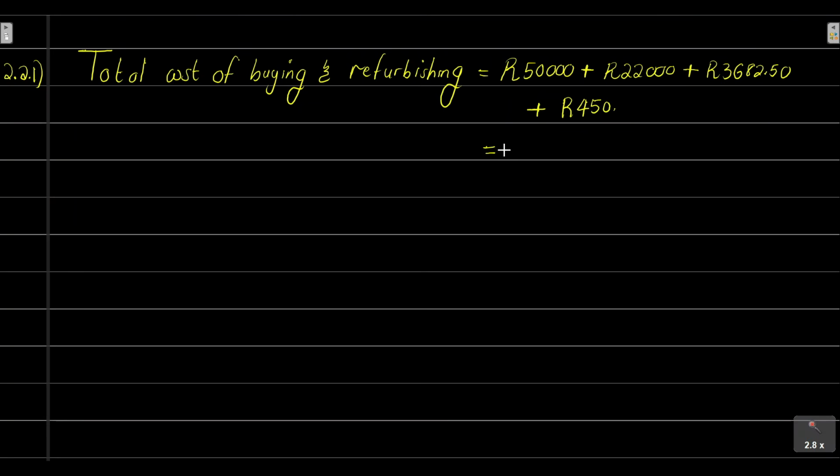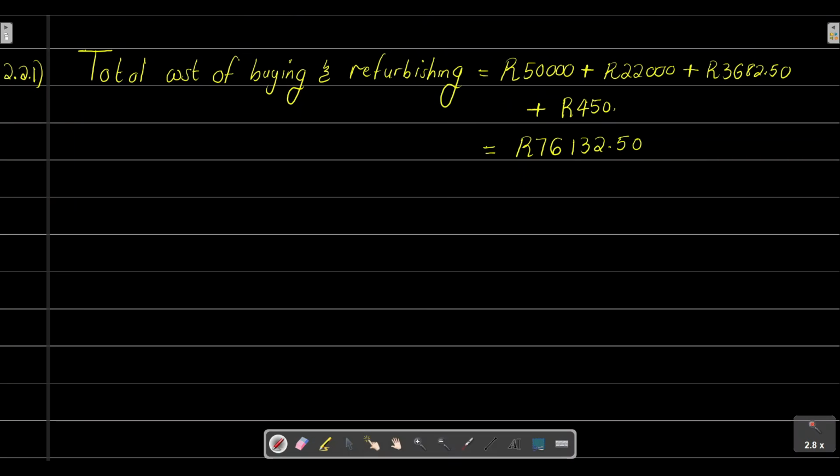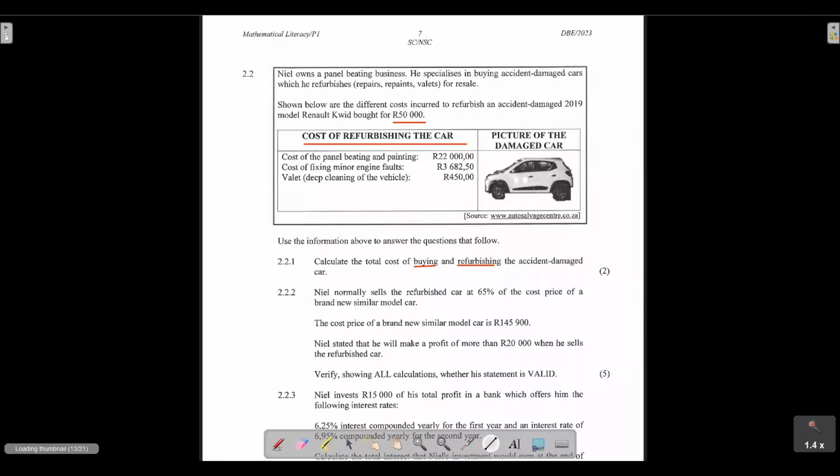If you punch these values into your calculator, you'll get that the total cost of buying and refurbishing this accident damaged Renault Kwid is therefore 76,132 rand and 50 cents. It's very important here that you read the question carefully, because they said buying and refurbishing.